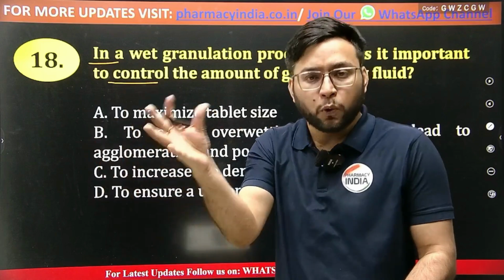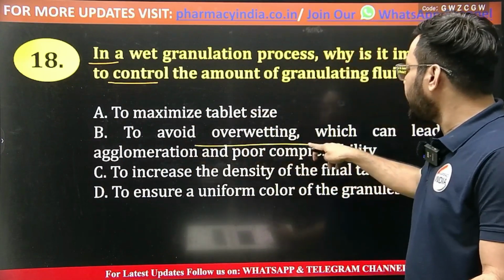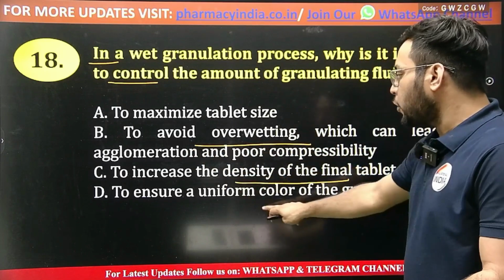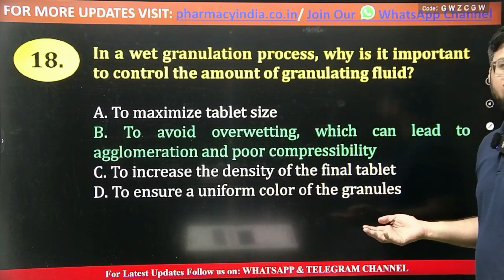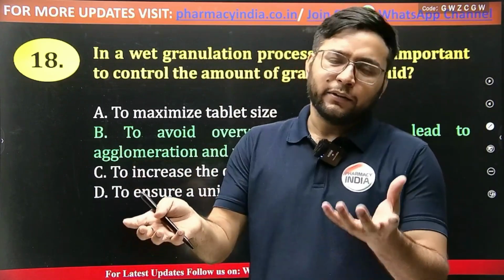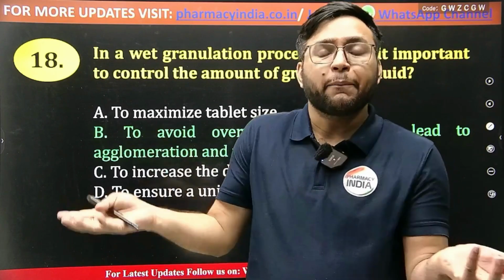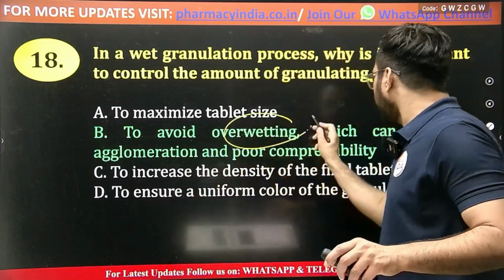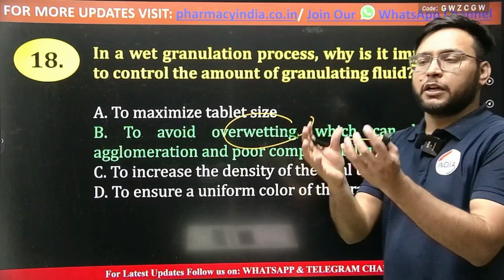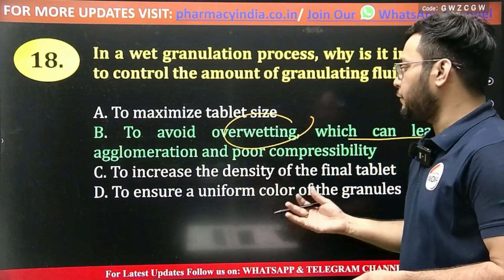To maximize tablet size, or to avoid overwetting, or to increase the density, or to ensure a uniform color? It's simple: if you add more liquid, it will get overwet, meaning the water is not absorbed properly, which can lead to agglomeration, meaning lumps will be formed. Okay.